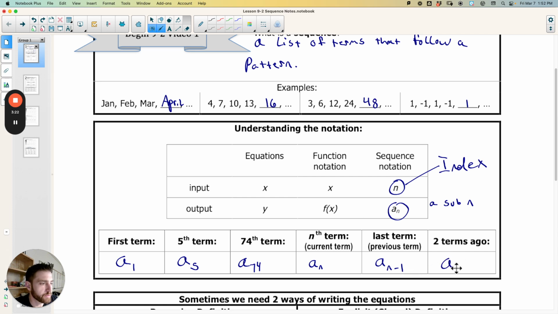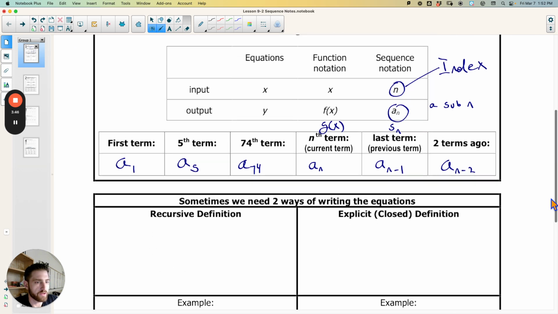Two terms ago would be a sub n minus 2. One more thing, you might see a notation that, instead of using a, says s sub n, and that's fine too. It means the same thing, in the same way that we would call f of x also g of x. So these are all similar to each other.